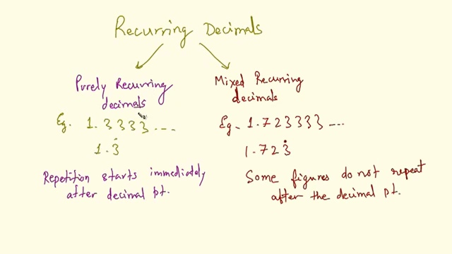So purely recurring decimals are those numbers where the repetition starts immediately after the decimal point. That means after the decimal point all of those numbers are repeating. Whereas in case of mixed recurring decimals, some of the digits do not repeat after the decimal point. There may be some numbers which are not repetitive after the decimal point.